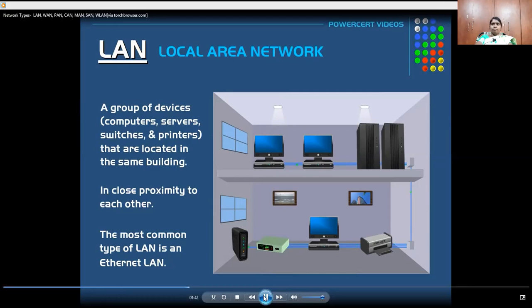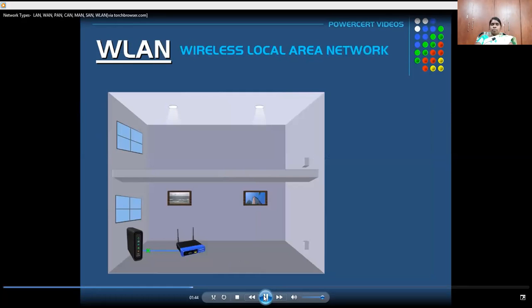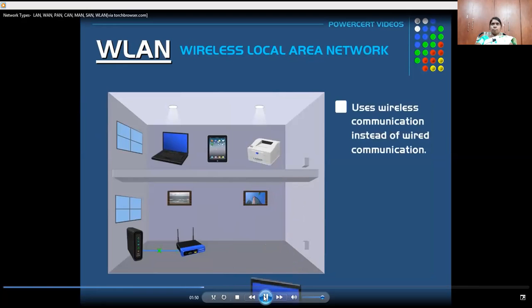Now a WLAN, or Wireless Local Area Network, is a local area network that uses wireless communication instead of wired communication. See, this is a WLAN we call. It is nothing but a local area network wireless.